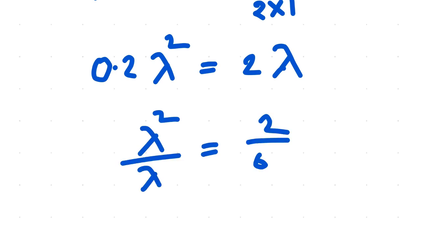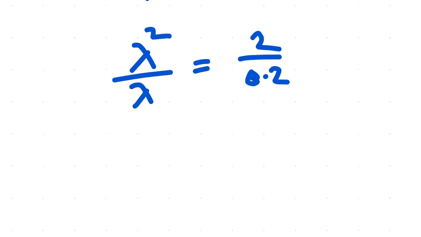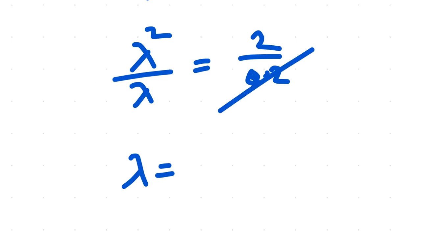By using cross multiplication, we took lambda here and took this 0.2 here. So lambda is equal to 10 times, we can cancel it. So lambda is equal to 10.